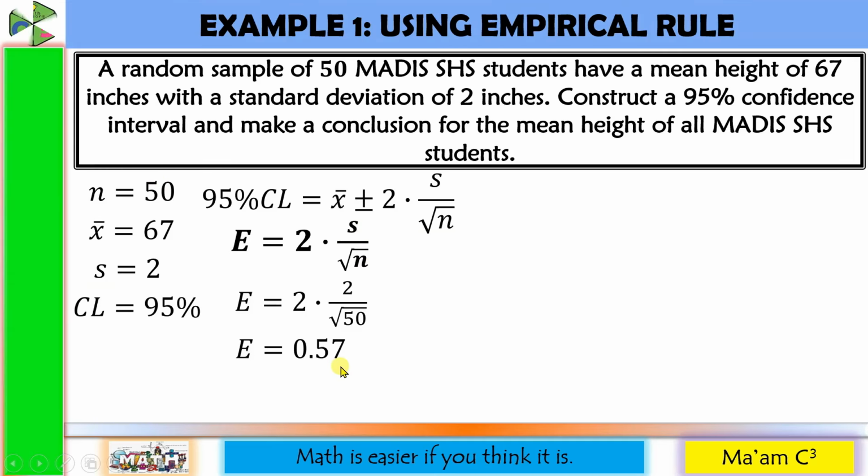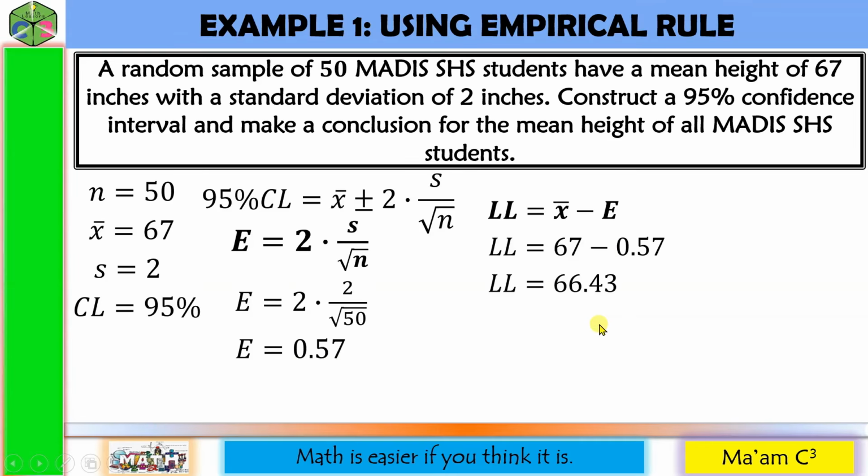Now that we have the margin of error, we can compute for the lower limit, and that is equal to the sample mean minus the margin of error. Let us substitute 67 for our sample mean and 0.57 for the margin of error. And this will give us 66.43.